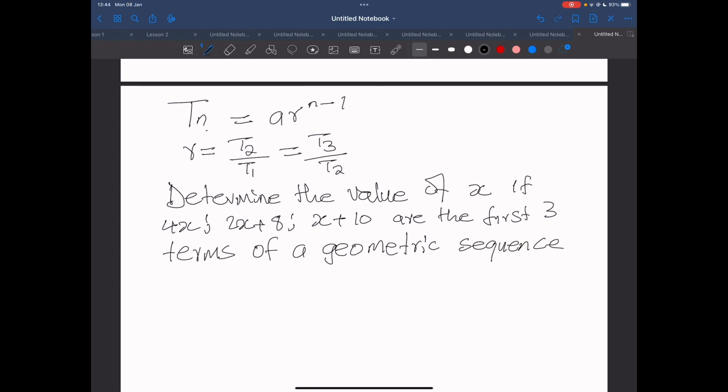Now, 4x, 2x plus 8 and x plus 10 are the first 3 terms of a geometric sequence. So we want the value of x.